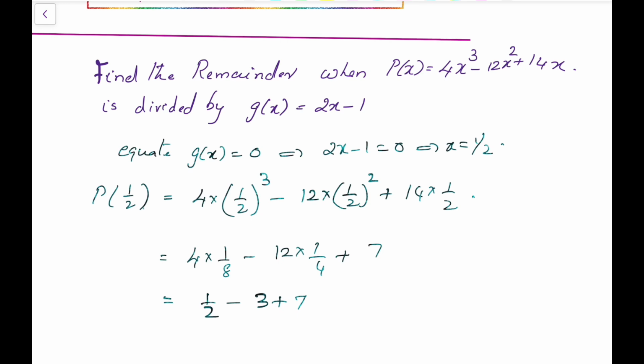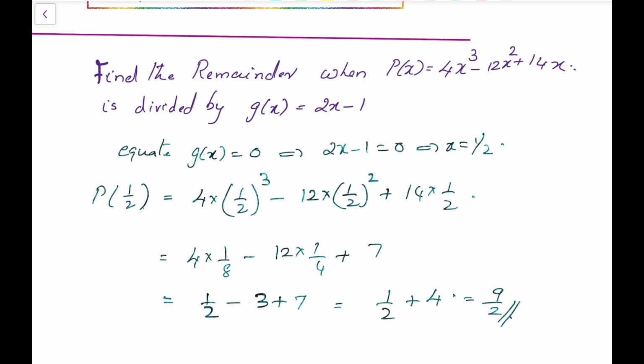Taking the LCM, it is half plus 7 minus 3, which is 4. So you will get 9 by 2. So the remainder is 9 by 2.